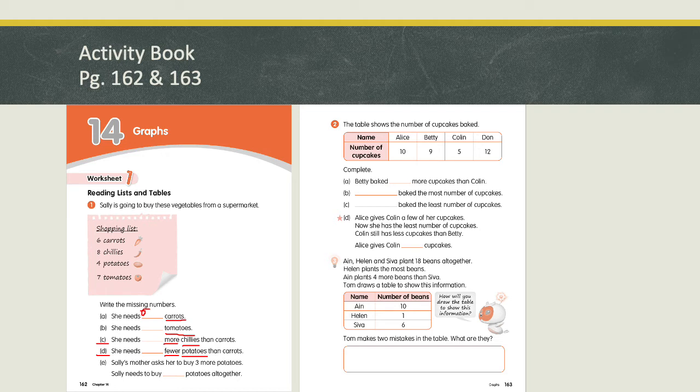So she needs more chilies than carrots. The number of chilies is 8. The number of carrots is 6. So how many more is 8 when compared to 6? Is it 1 more, 2 more, or 3 more?